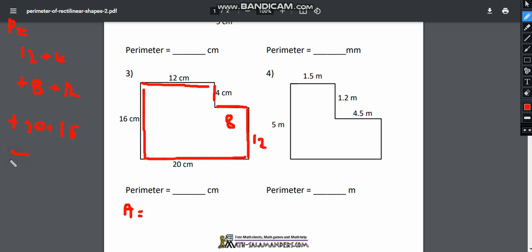That's what I got. 72 centimeters. I'll do that again just to make sure I'm correct. So 16 plus 20 is 36, 56 plus 16. What's that? Yeah, 72. Okay, so that's perimeter done. And then we'll go for area.